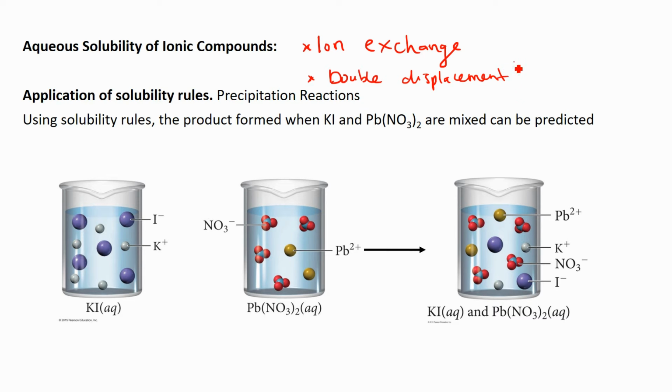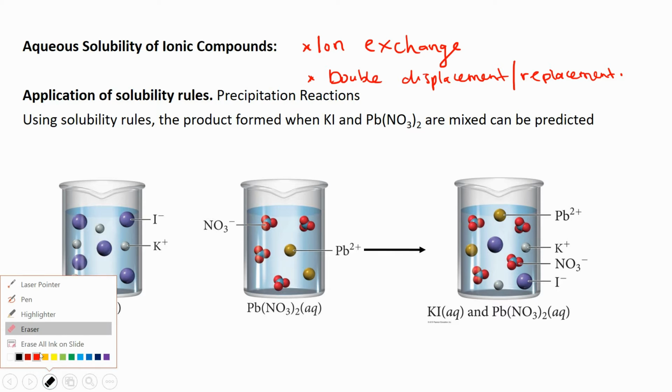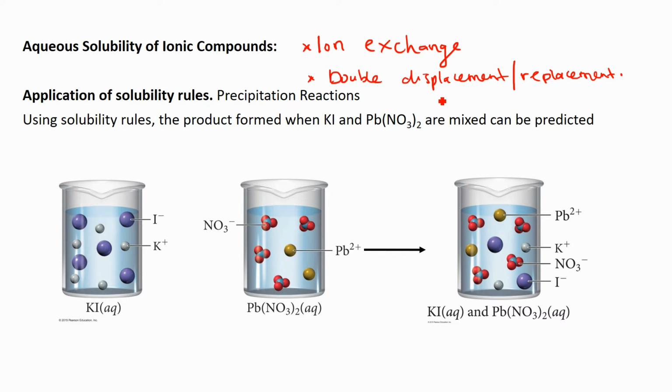This is just exchange of partner, or double replacement, depends on the book you're reading. Some people call it double decomposition, but this is wrong because that's technically another type of reaction. So the best two terms to use are double displacement or double replacement.